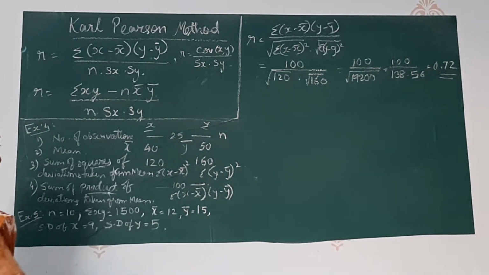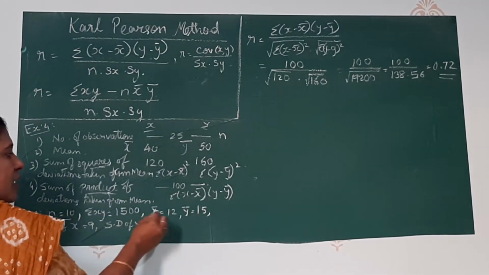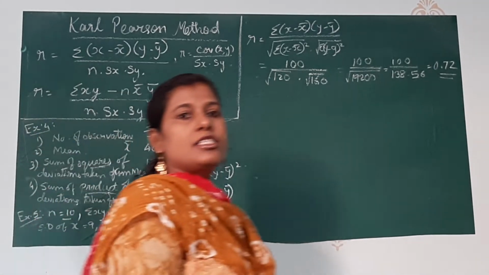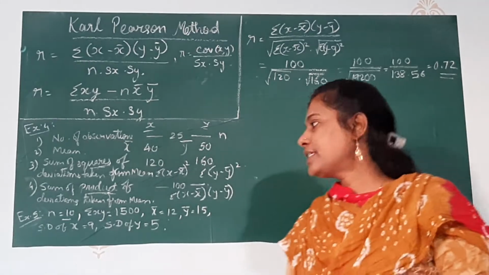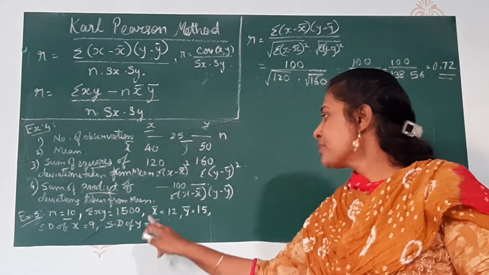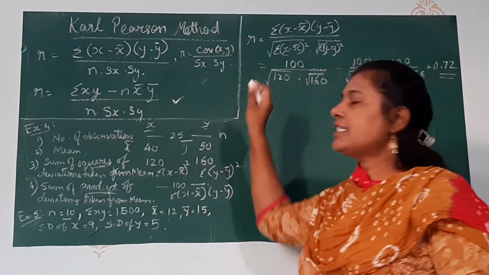Now the next one. Here n is given as 10, sigma xy, x mean, y mean, SD of x means standard deviation, that is Sx, and SD of y means Sy. So these details will satisfy this formula.